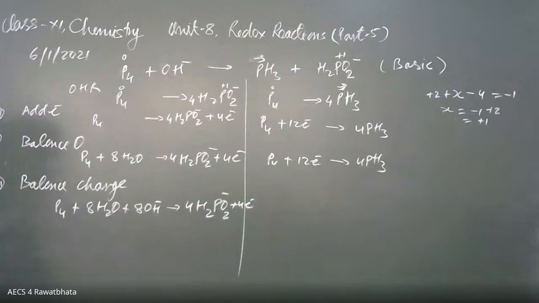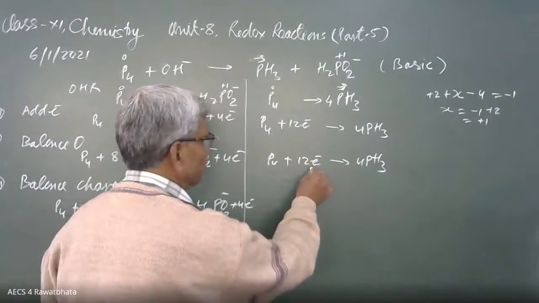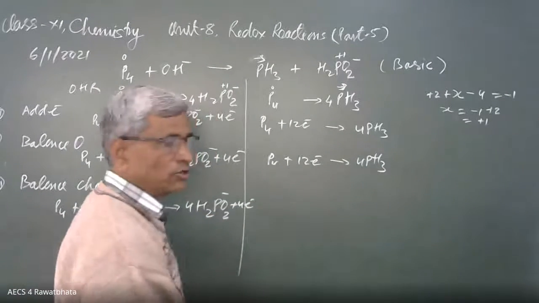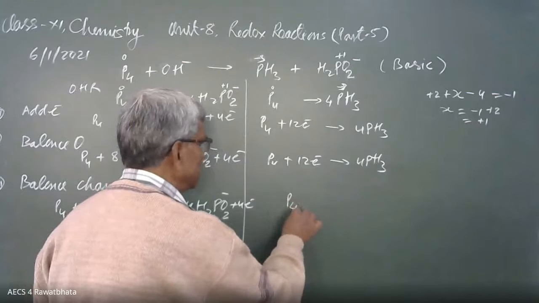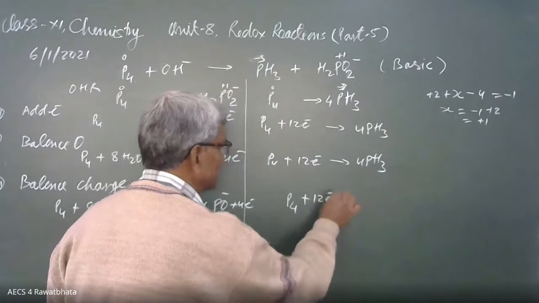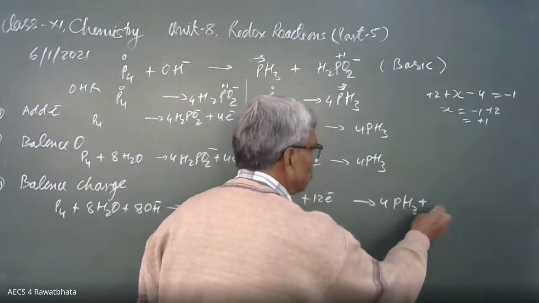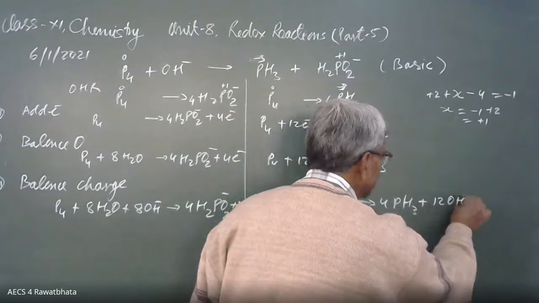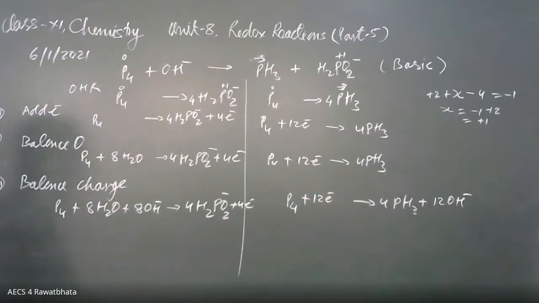Okay, beta? Here there are 12 electrons on the left side and on the right no electron, 12 negative and on this side no negative. That's why the reaction is P4 plus 12 electrons gives 4 PH3 plus 12 OH minus. Now we have to add H2O as per the need.